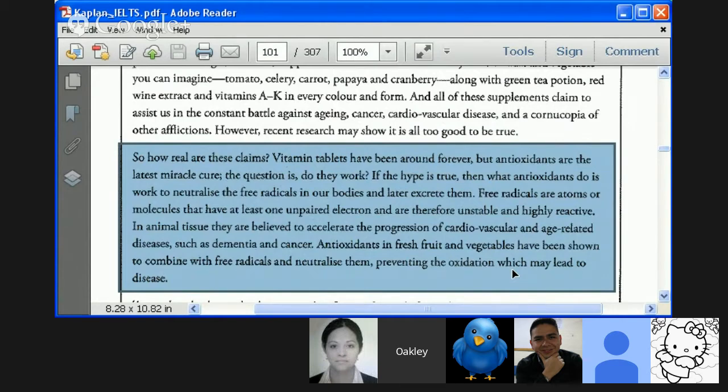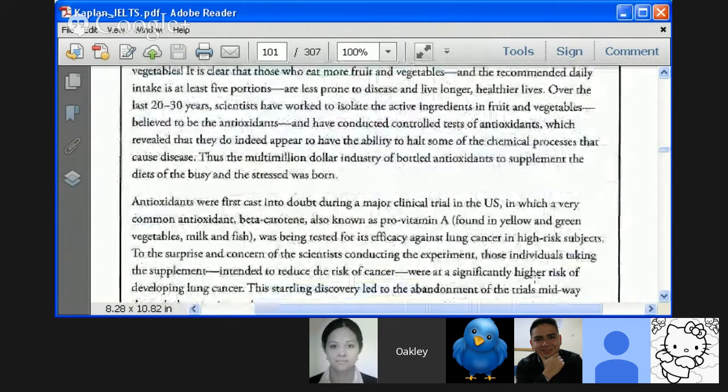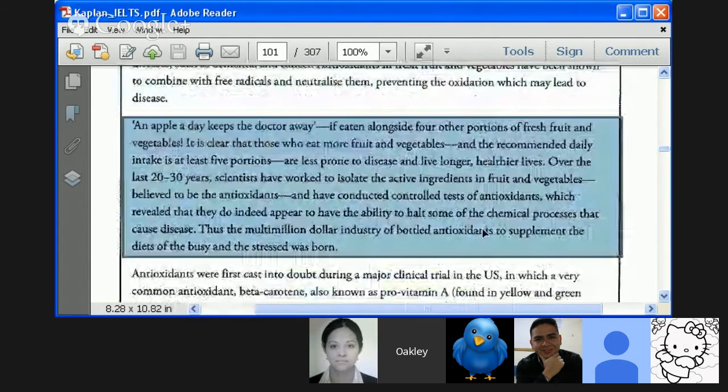Looking at this as quickly as possible, what word jumps out? Antioxidants? Indeed. That's how fast you scan. Super fast. You're trying to save time. Exactly, that's it.